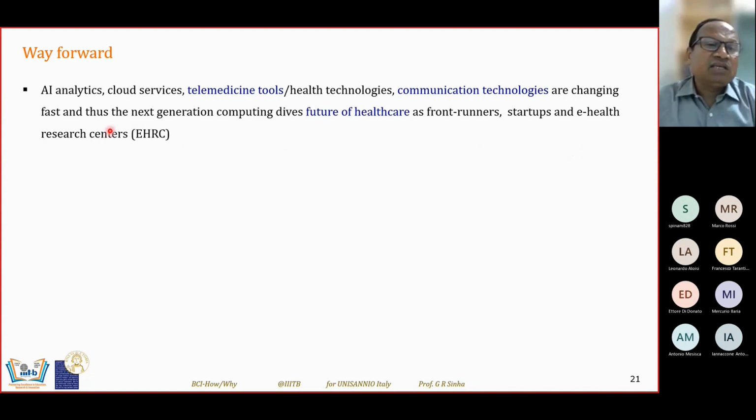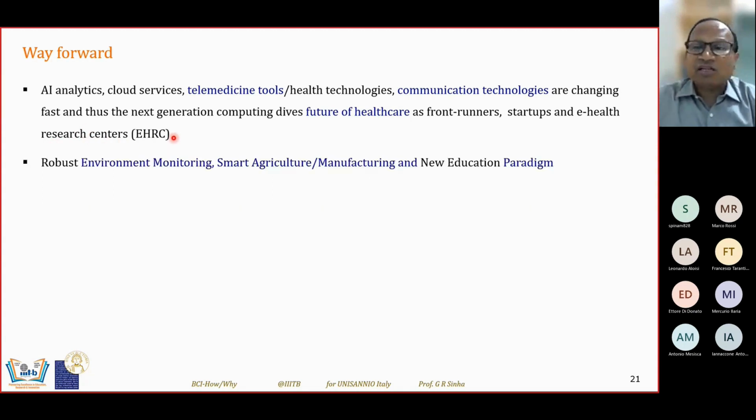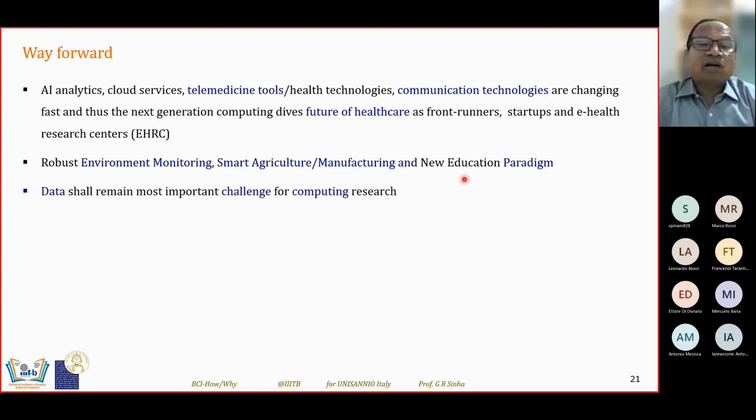There is a term, e-health research center, and in our university we have an e-health research center as well. This is also funded by the industry as well as the government. We have enough money in that area to work. Robust environment monitoring, smart agriculture, and new education paradigms are areas where cognitive science is playing an important role.